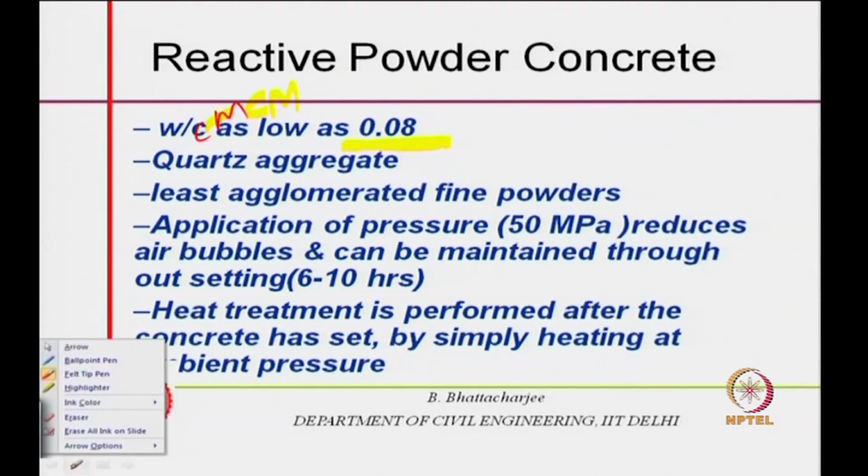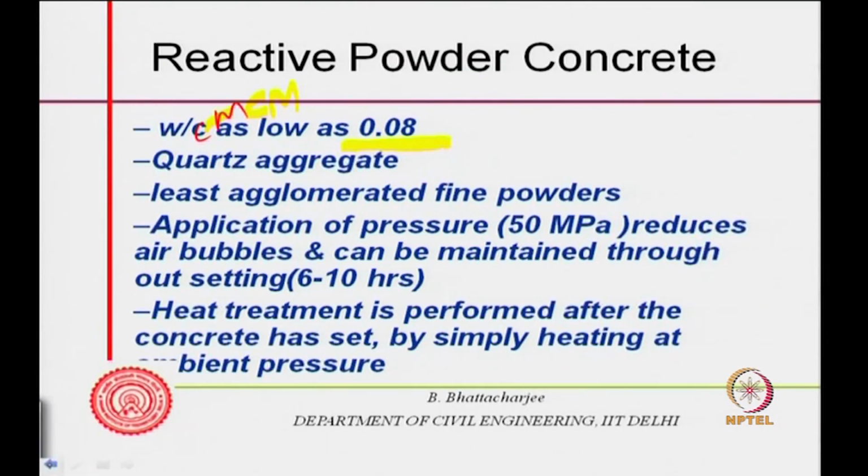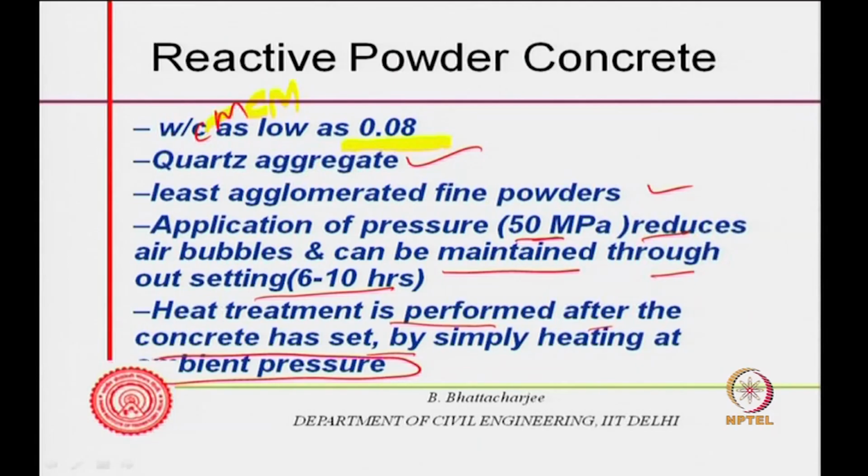Quartz aggregate has been used, powders have been fully dispersed, least agglomerated, and you apply a pressure of 50 MPa to reduce air bubbles, and we can maintain throughout setting of 6 to 10 hours. Heat treatment after the concrete has set, at ambient pressure.